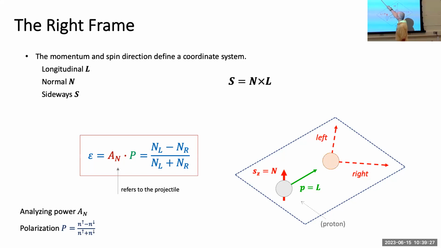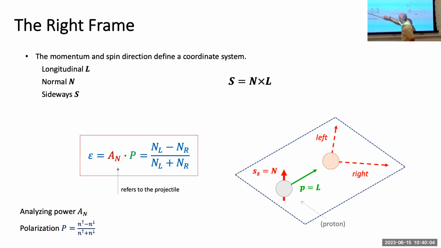So the sideways is the normal direction across the longitudinal direction, and everything that we do is described in this scattering frame. So if we then have an asymmetry, where the scattered particle tends to go more to the left than to the right, we calculate our asymmetry with respect to this normal beam polarization, which we describe as the analyzing power AN times the beam polarization.